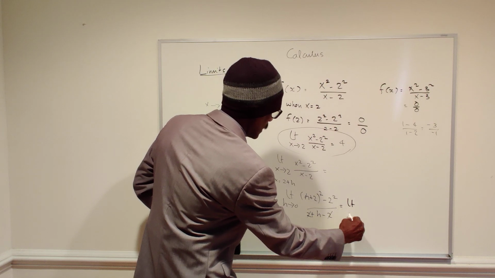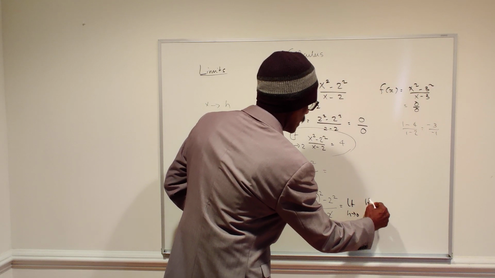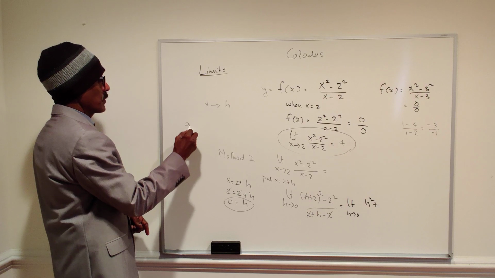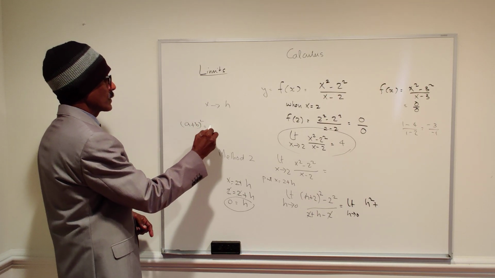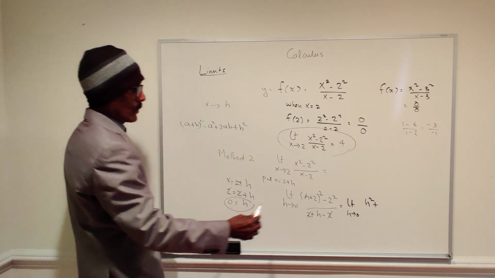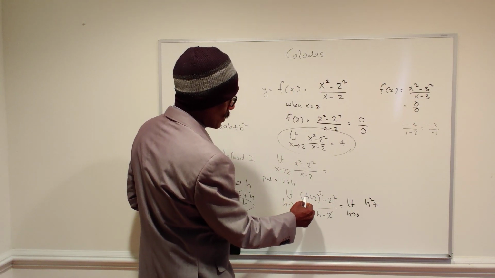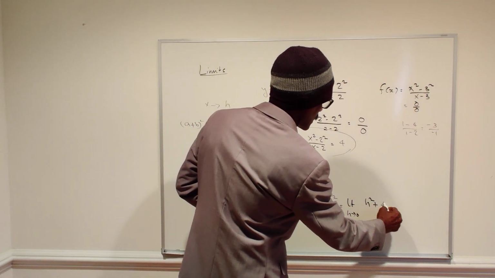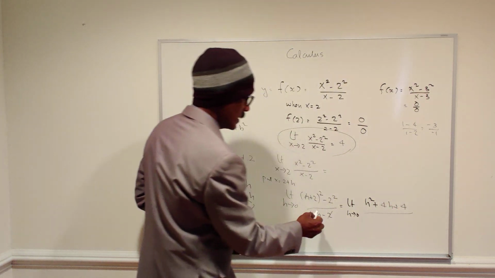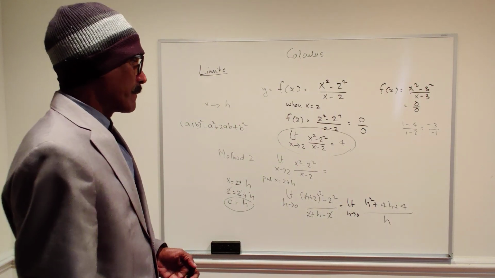Equals limit h tends to 0, 2 plus h the whole square is, see, this is the formula, a plus b the whole square, a square plus 2ab plus b square. So h square plus 2 into 2 into h, that is 4h, plus 2 square, 4, divided by h.